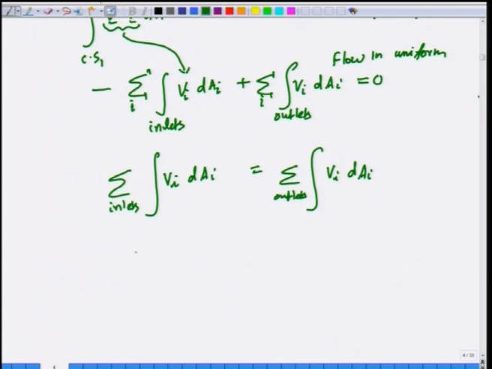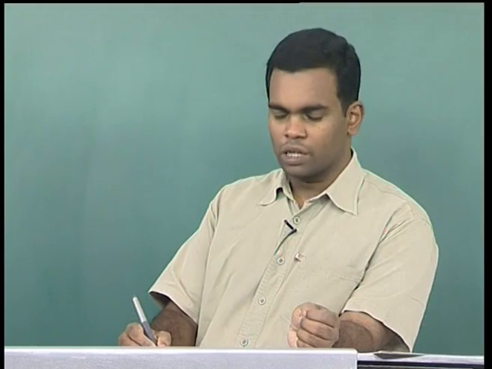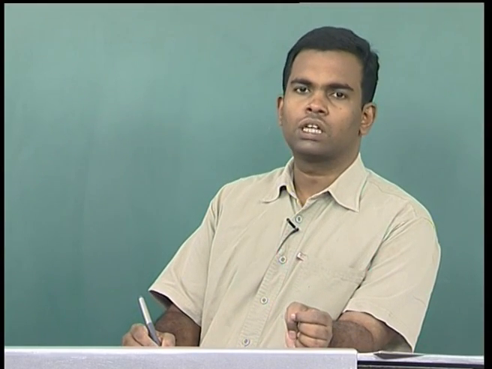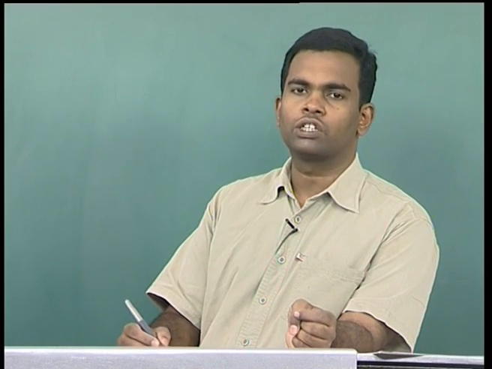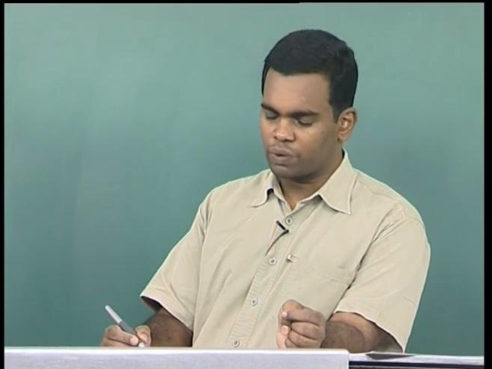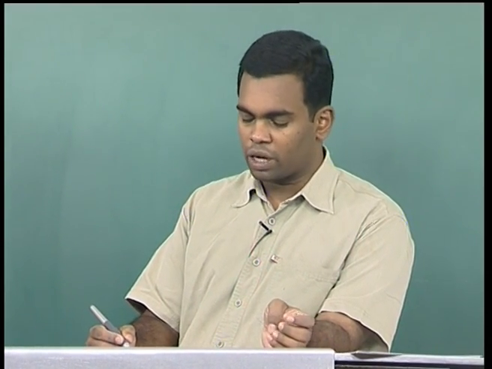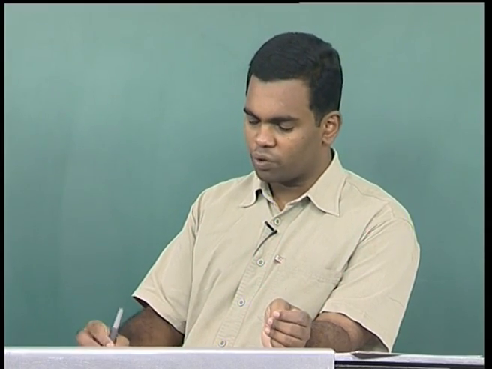Now if the flow is uniform, then the velocity vector is independent of the cross section of the control surface. The velocity vector is a constant, uniform flow. Usually flow is not uniform in flow through tubes and channels, as we will see later, but if the flow is like a free jet that is moving in atmosphere, in air, then you can reasonably think of it as a uniform flow.